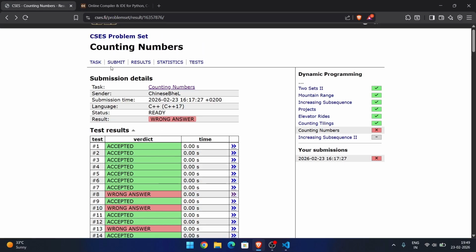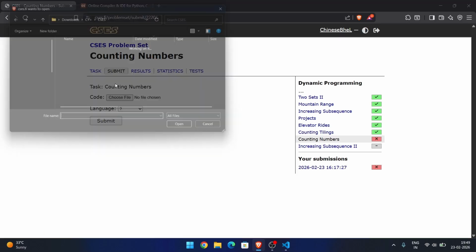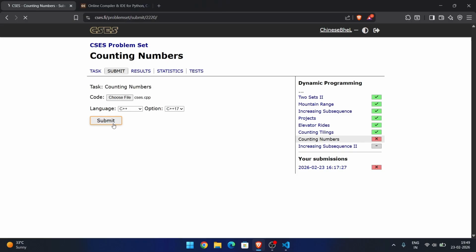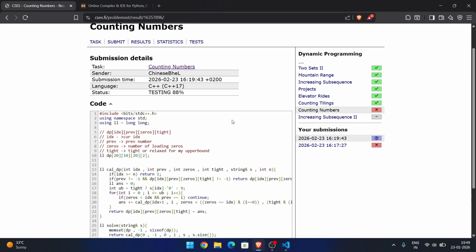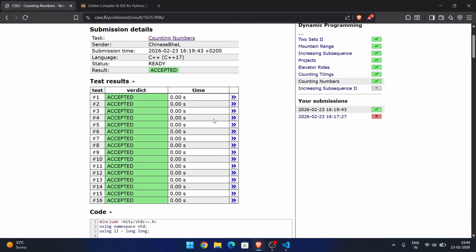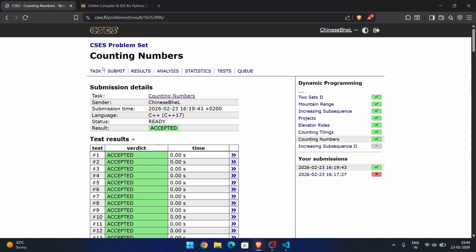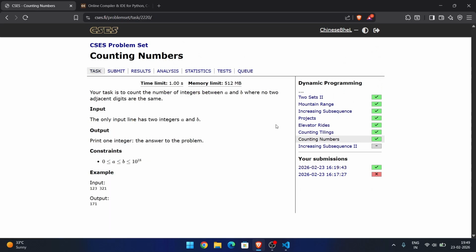That's why it got integer overflow. Okay, so all test cases are passed. So we have solved this question. So this was a question of digit DP. So see you in the next video, guys.